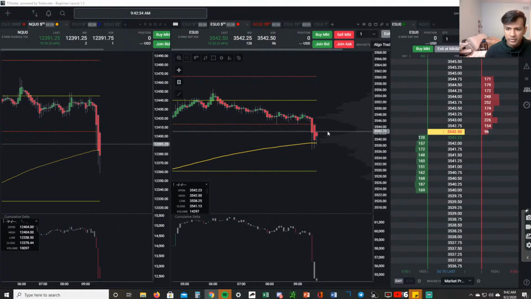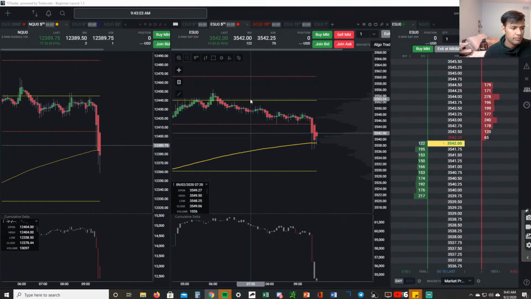I'm going to try to wait for some confirmation on this, because I don't want to get trapped by the high volume nodes right there. If I could see some momentum pick up and the delta reverse at the same time, then I could see potential for it to break through and make new highs.